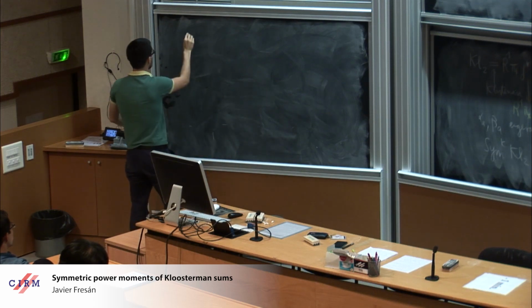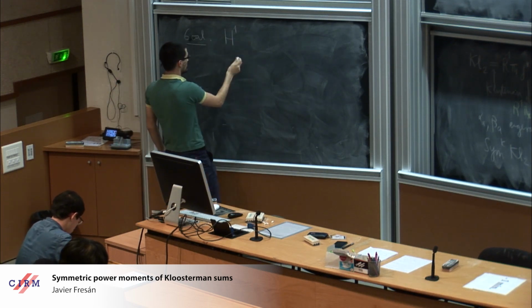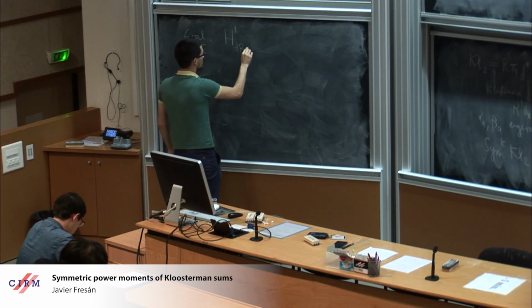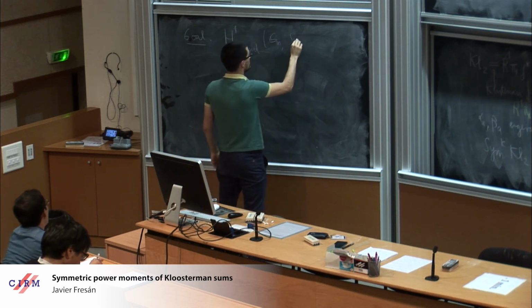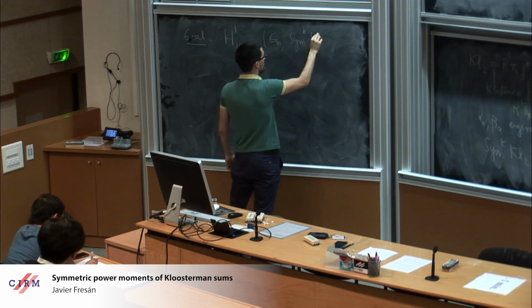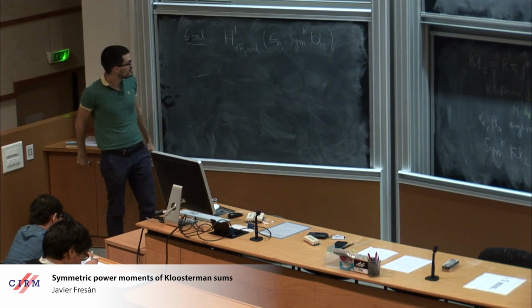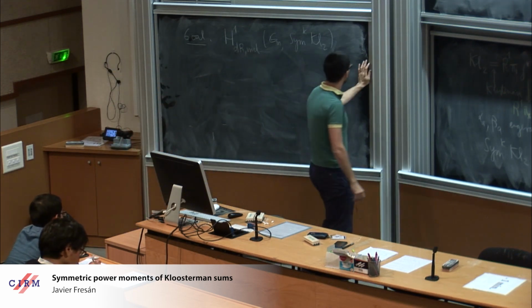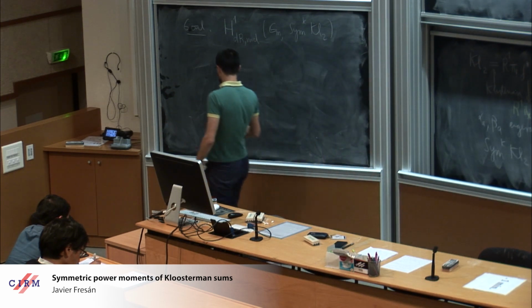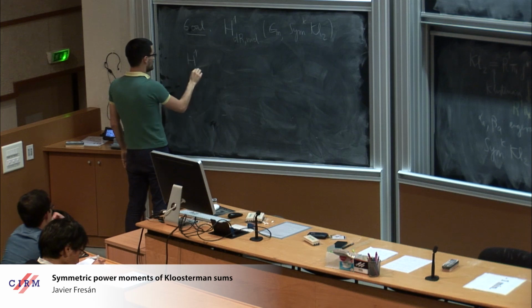So the goal is to look at H1 de Rham mid of Sym^k KL2. Again, it is defined as the image of compactly supported de Rham cohomology in usual de Rham cohomology. And for this, I will start with usual H1 de Rham.